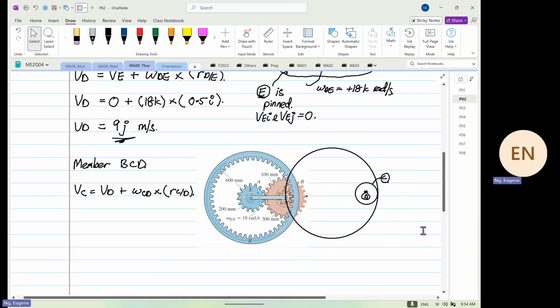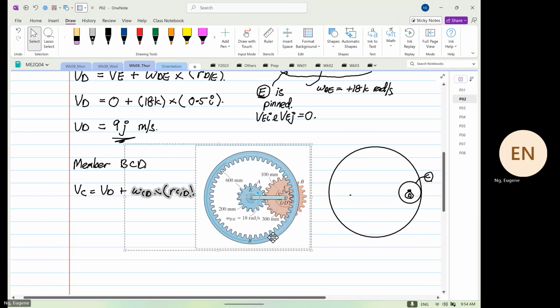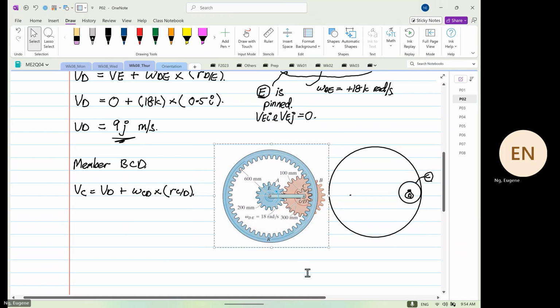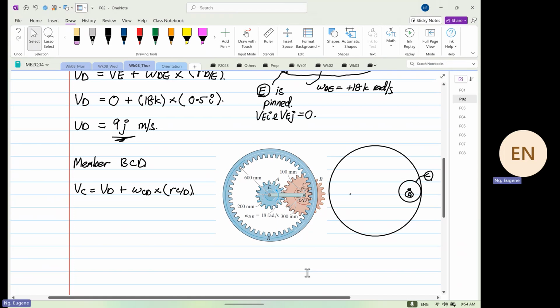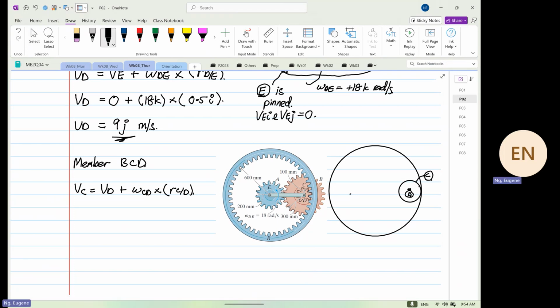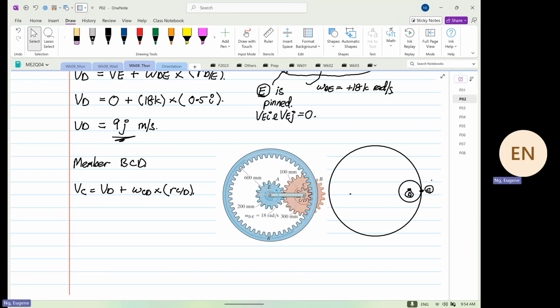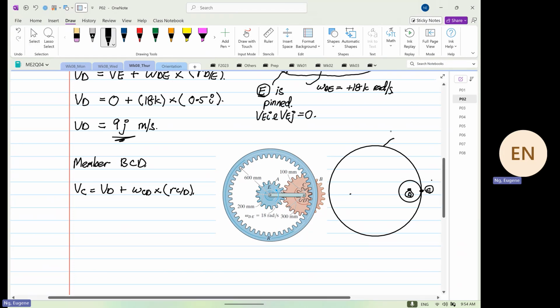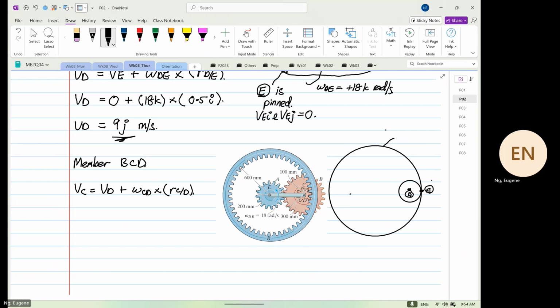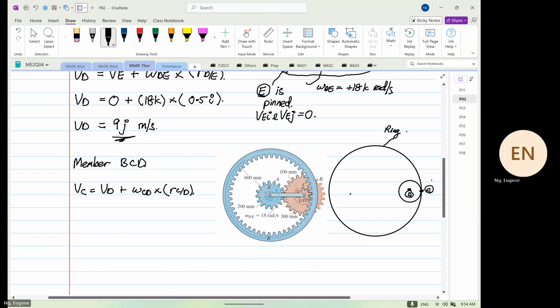Right, so this over here, what I've just drawn down here. So over here, this is where our point C is. Okay. Can you all see the point C position? And this happened to engage our ring gear. Okay.